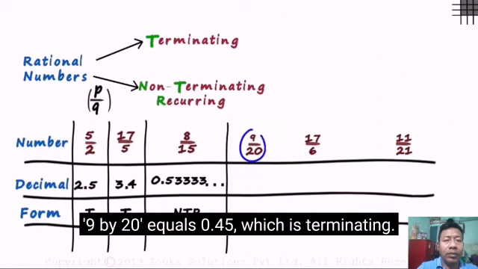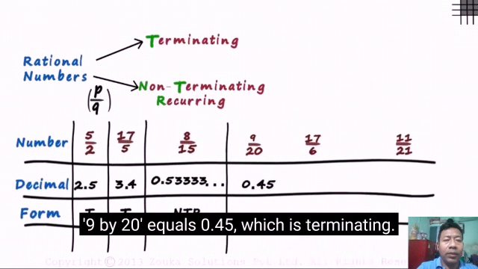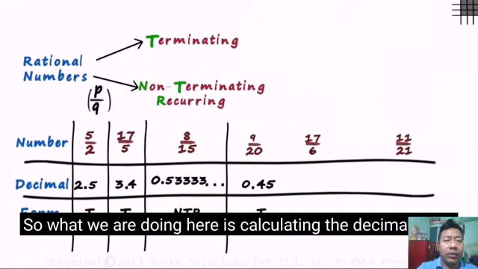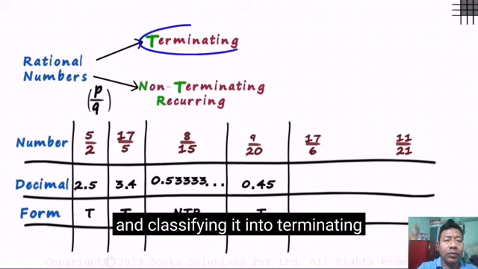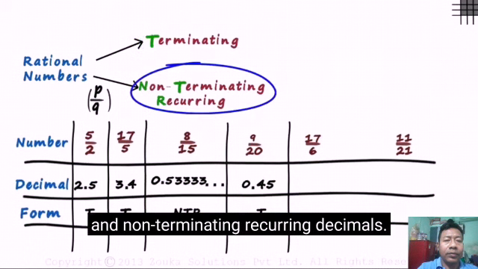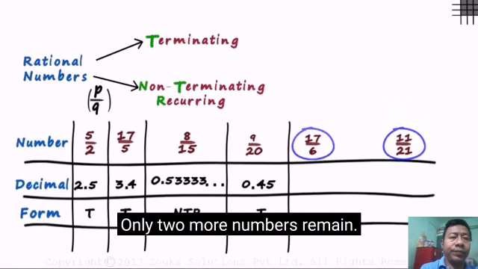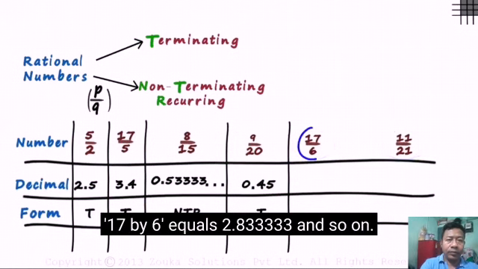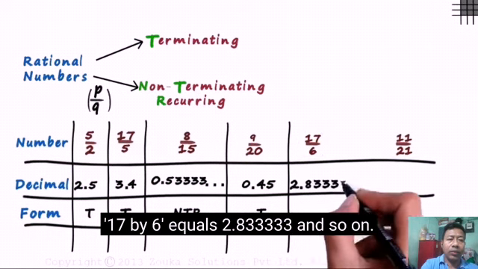Let's take another, 9 by 20, which is equal to 0.45, which is terminating after 2 decimal places. So let's write T. Let's take another, 17 by 6, and classify it into terminating or non-terminating. 17 by 6 is equal to 2.8333 and so on.